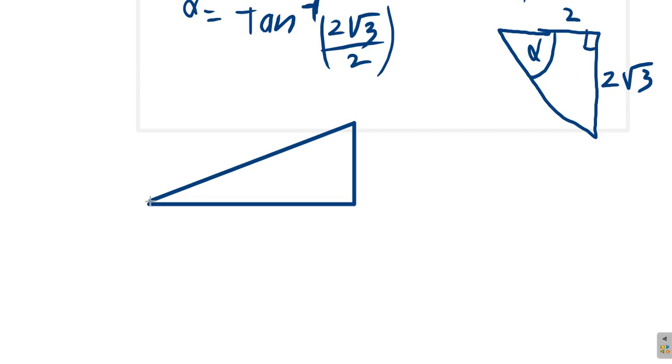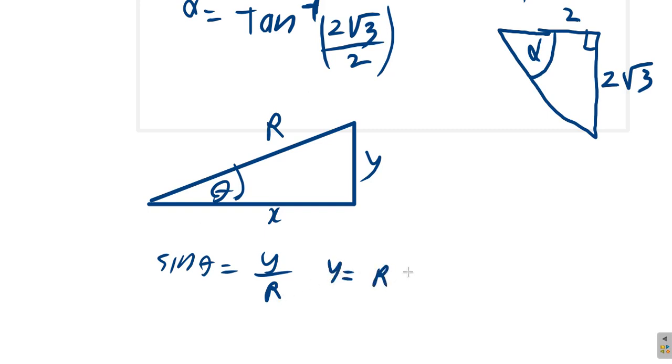We have this complex number. We have theta. We have r. Now, this is the opposite. Call this, for now, y and call this x. Sine theta is opposite y over hypotenuse r. So y is equal to r sine theta, right? So this is r sine theta.